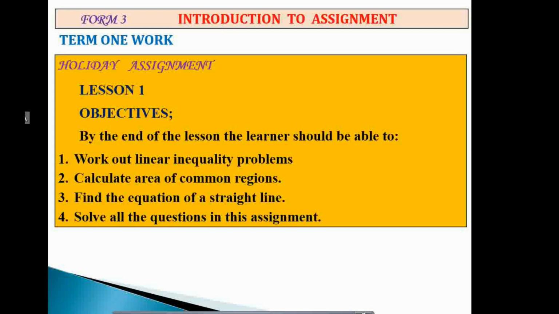So the objective is that by the end of the lesson, the learner should be able to: one, work out linear inequality problems; secondly, calculate area of the common regions; thirdly, find the equation of a straight line; and lastly, solve all the equations in this assignment, which I believe most of you will be able to do.